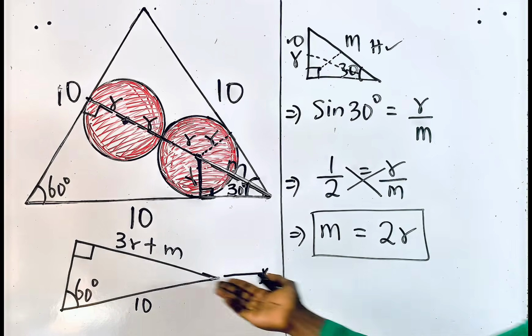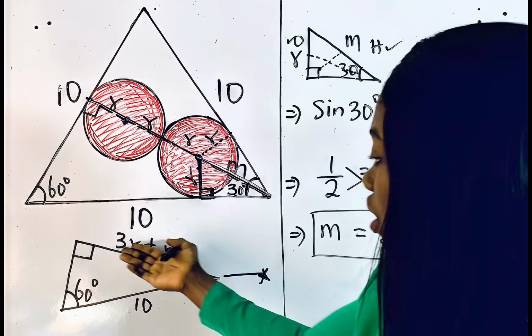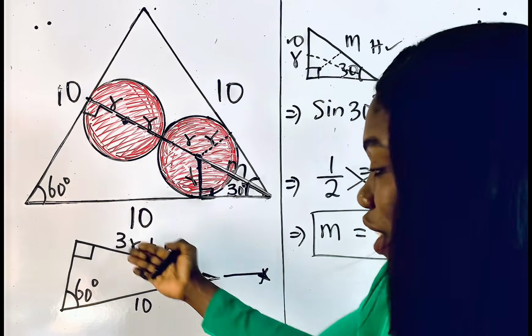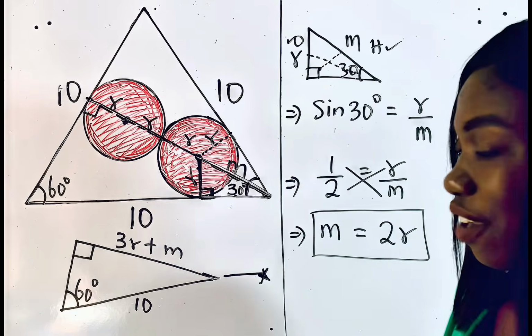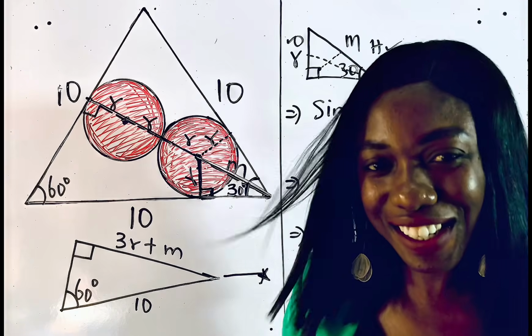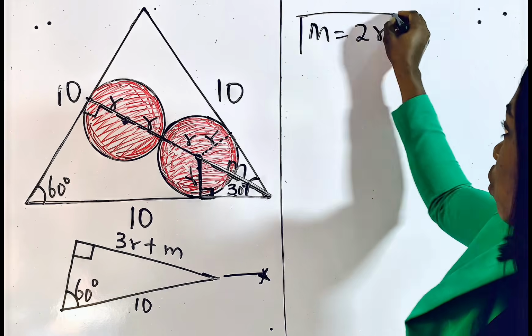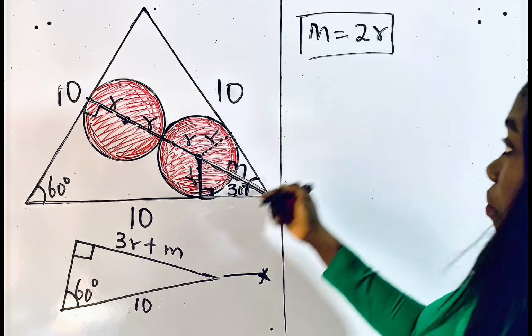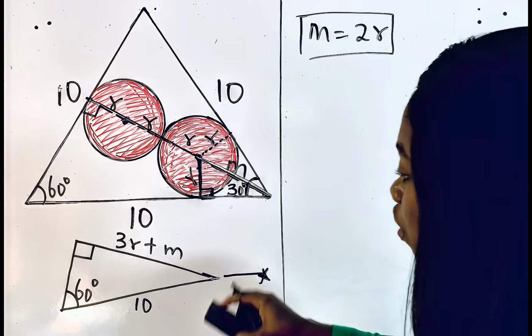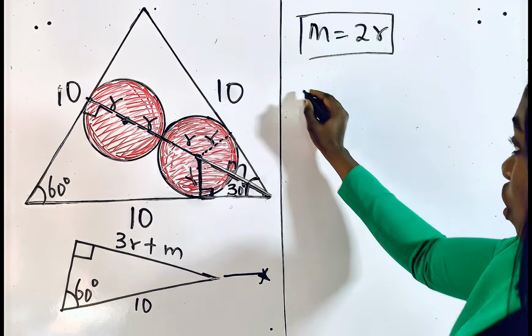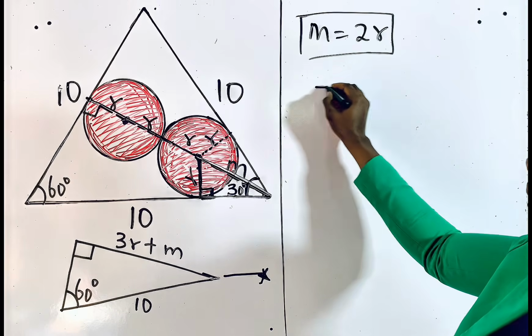Now let's go back here and replace this m with what we have here so that we can find the radius and then find the area of the circles. Let's do that together. Our m is equal to 2r. So let's replace it in this diagram.